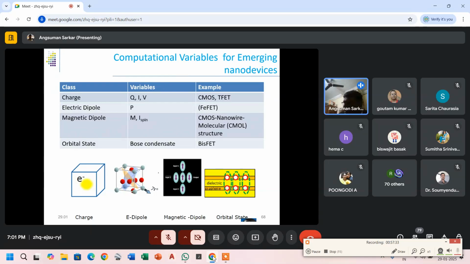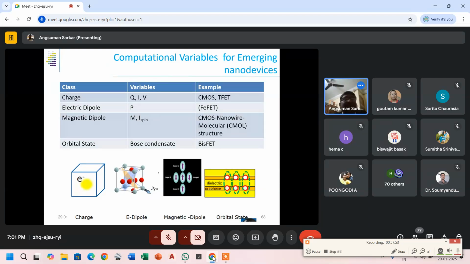Now we'll see the various computational variables for emerging nanoscale devices. Earlier, the variable for emerging nanoscale devices was charge, the Q, I, V. The example is conventional CMOS, or TFET, tunnel FET, or various other types of FETs.